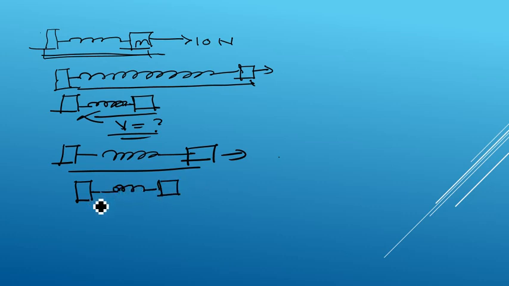So this is just what simple harmonic motion is. We are simply talking about objects that are capable of being compressed to some position, but at the same time they are capable of getting back to their initial position.